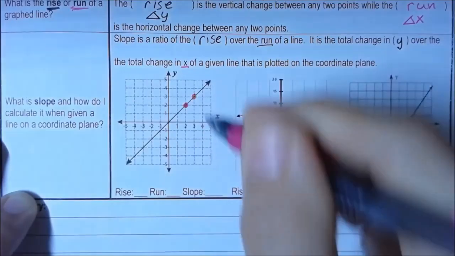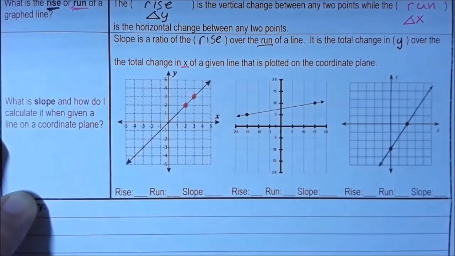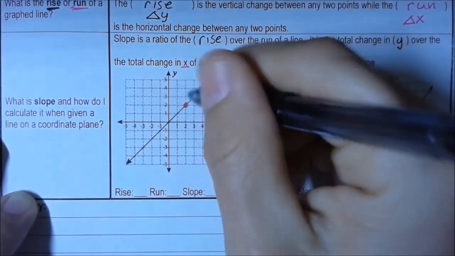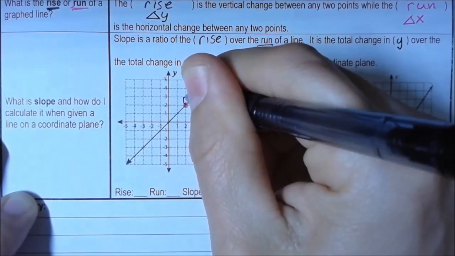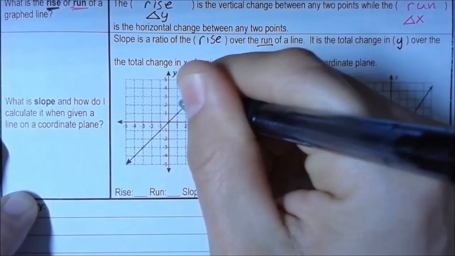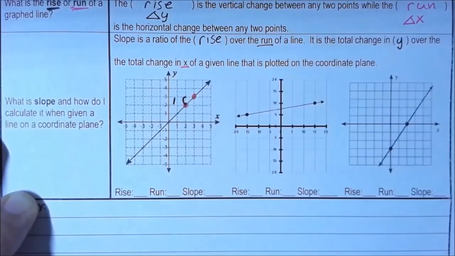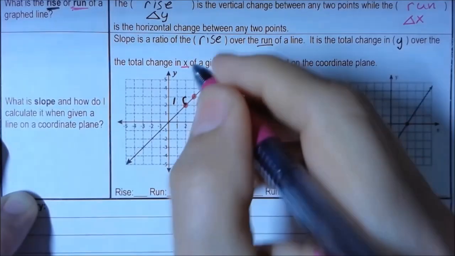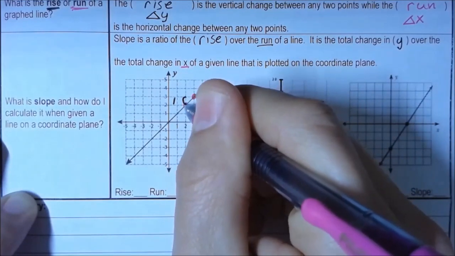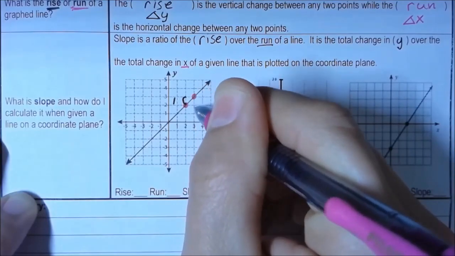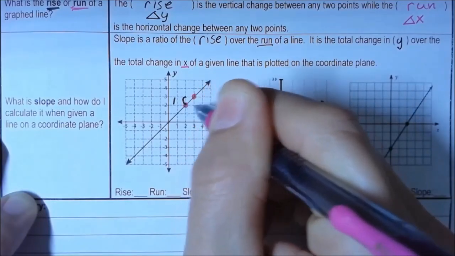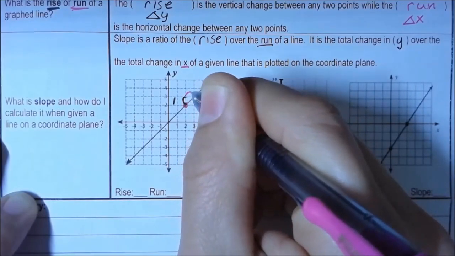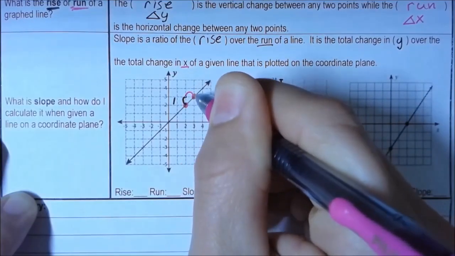So in this case, notice that our rise, and I'm going to do that in a black pen, we go up, I'm going to make a little curly Q, 1 unit. That's 1 unit up. And if we look at our run, how far we go from here to here so that it lines up with this point on top, moving from left to right, it goes over 1 point to touch it.